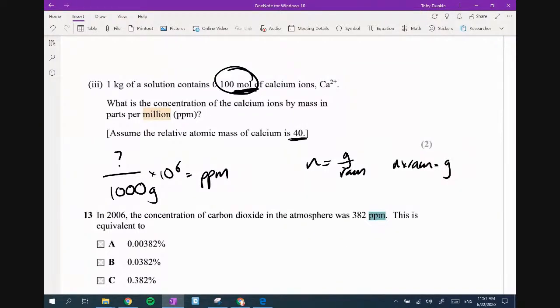The weight of a calcium atom is 40. So 0.1 multiplied by 40 gives me 0.4. That's correct, right? 0.1 times 40 gives me 4. I'm an idiot. Gives me 4. There we go. So 4 grams over 1,000 grams, times 1 exponential 6, 4,000 ppm.